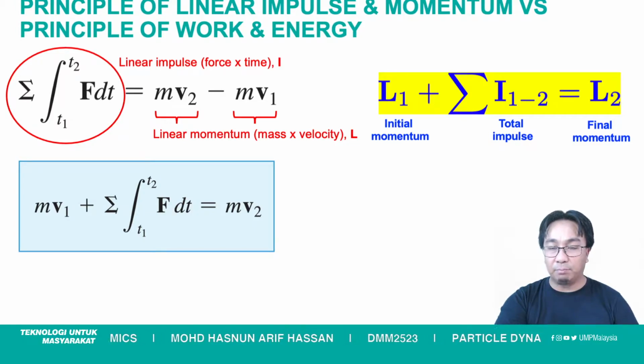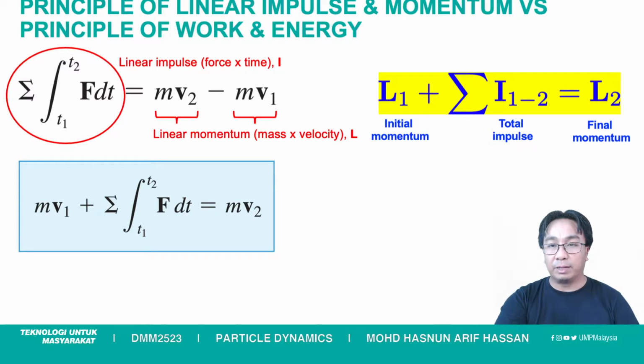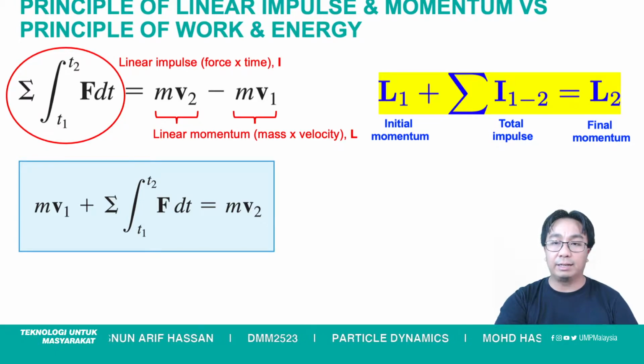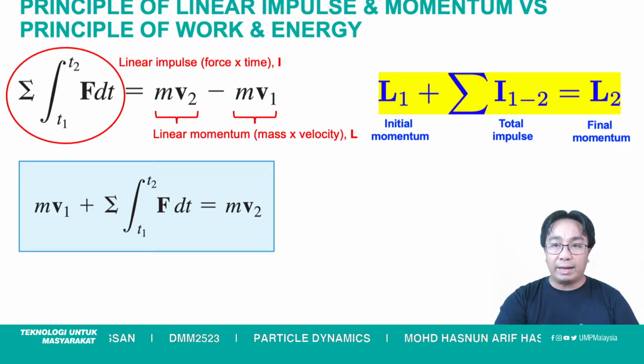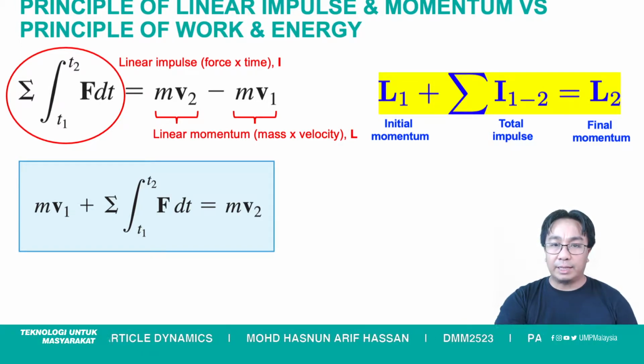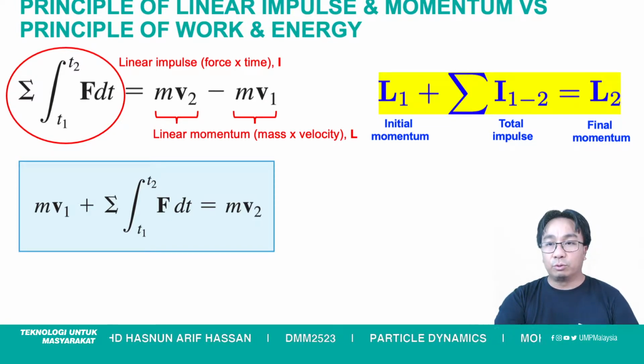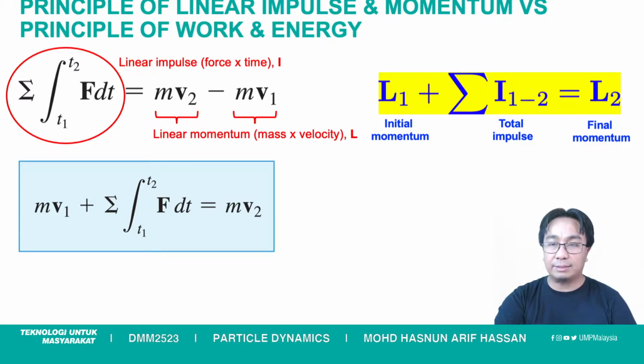So mv1 is the initial momentum, L1, plus the integration of F dt, which is the total impulse, or we can write it as I 1 to 2, the total impulse from time equals 1 until time equals 2. This is equal to the final momentum mv2, or we can also write it as L2.